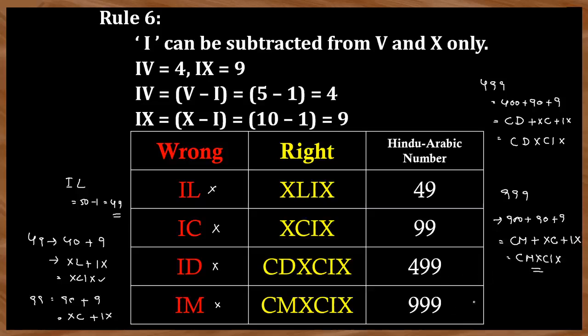So this is the correct method. So this rule you have to use while you are subtracting one from the other numbers. Only you have to subtract one from 5 and 10 only, that you have to remember. You should not subtract one from other than 5 and 10. Okay. Next.